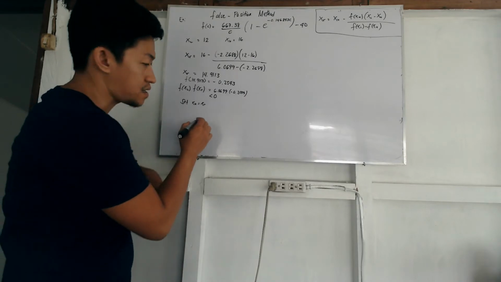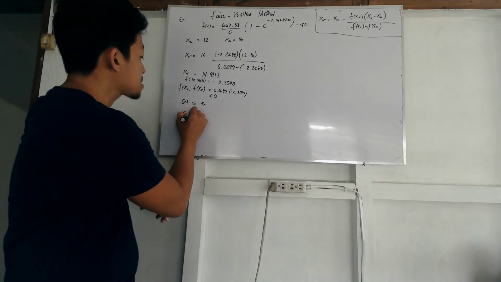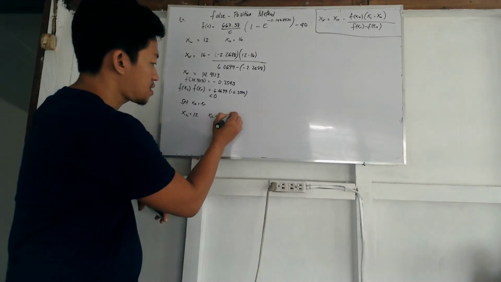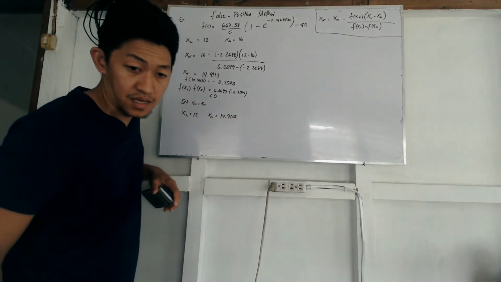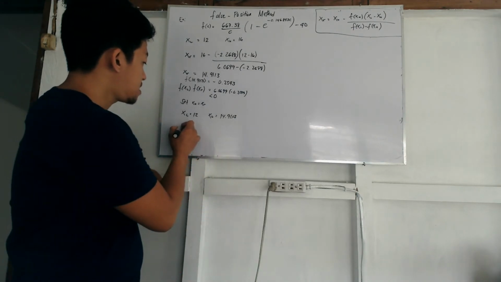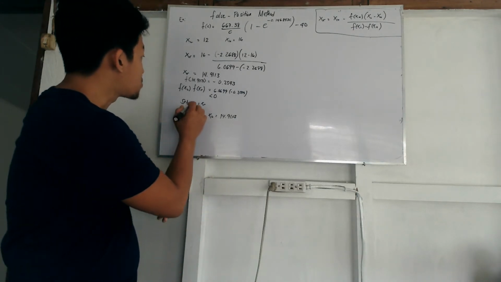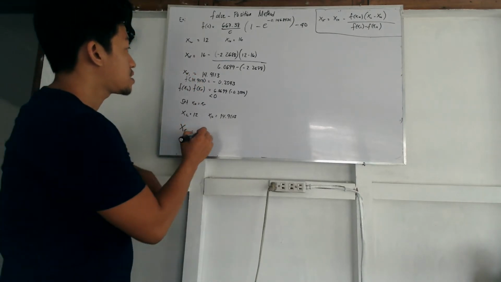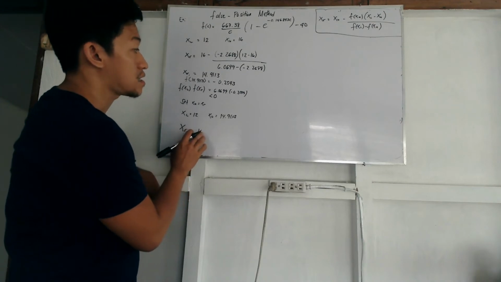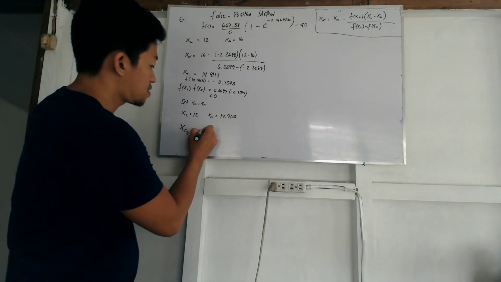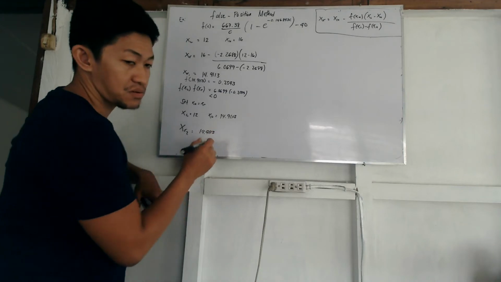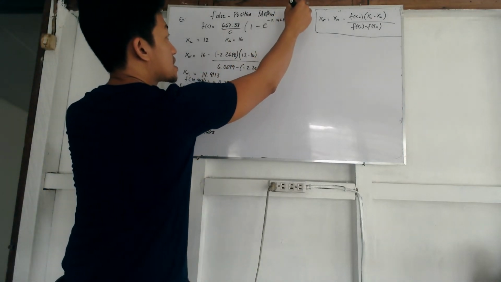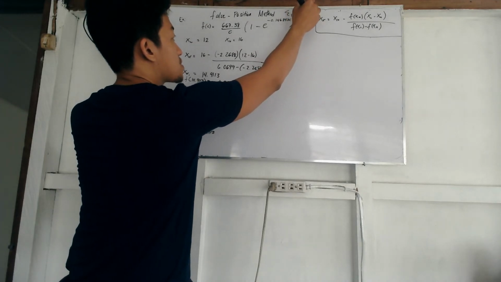So our new interval will be XL equals 12, XU equals 14.9113. Okay? And then calculate XR2. This is XR1. You have XU, 14.9113. By the way, our stopping criterion is again less than 0.5%.